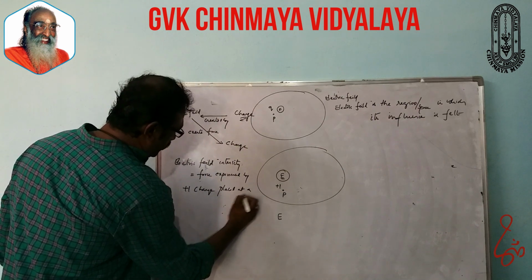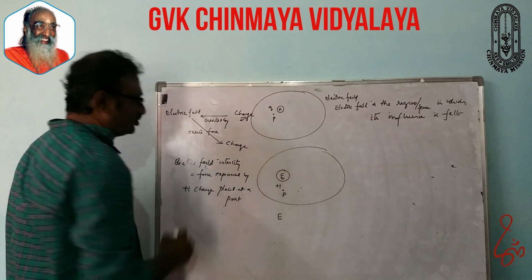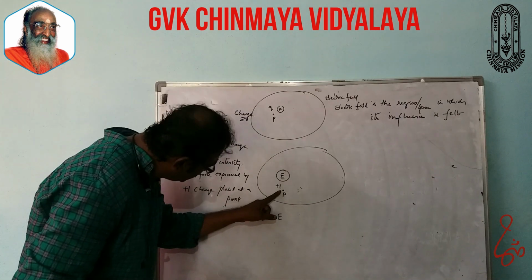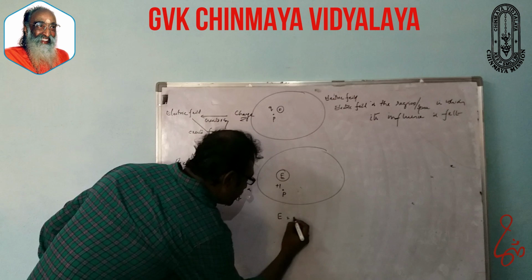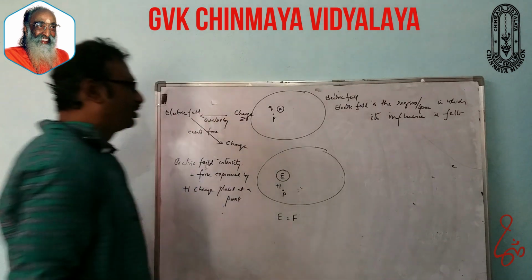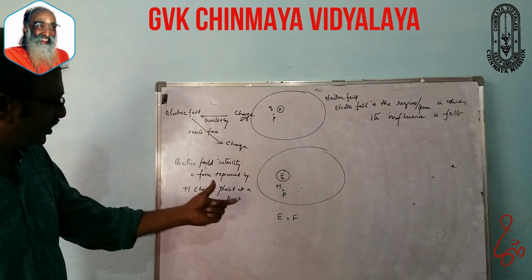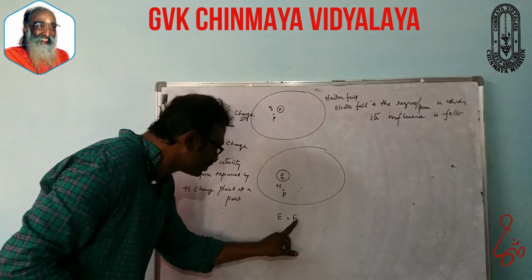So the force experienced by the unit positive charge at this point is the electric field intensity, or intensity of electric field. So E is equal to F when it is a unit positive charge, that is, it carries 1 unit of charge.